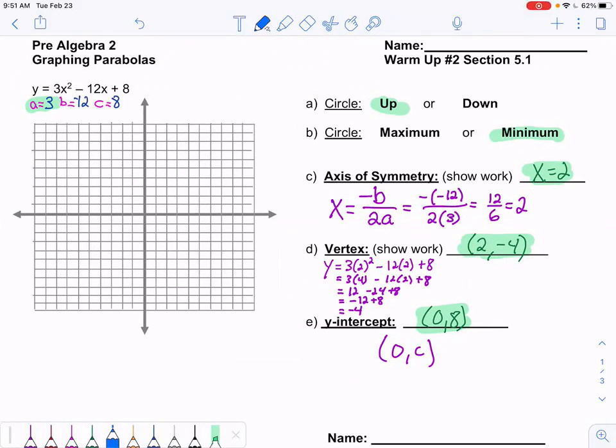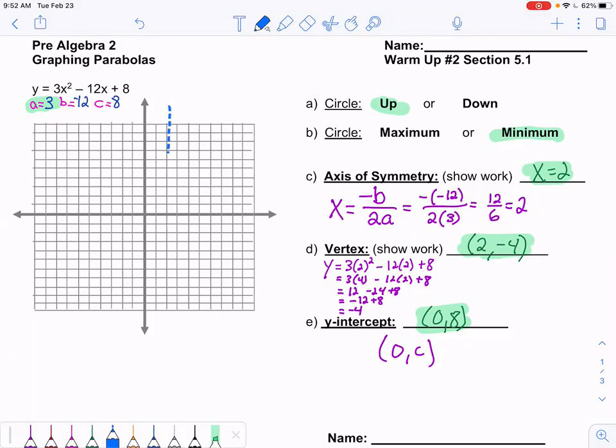Emma, where am I going to put the dashed line? 2, yeah. Rotate the pen.